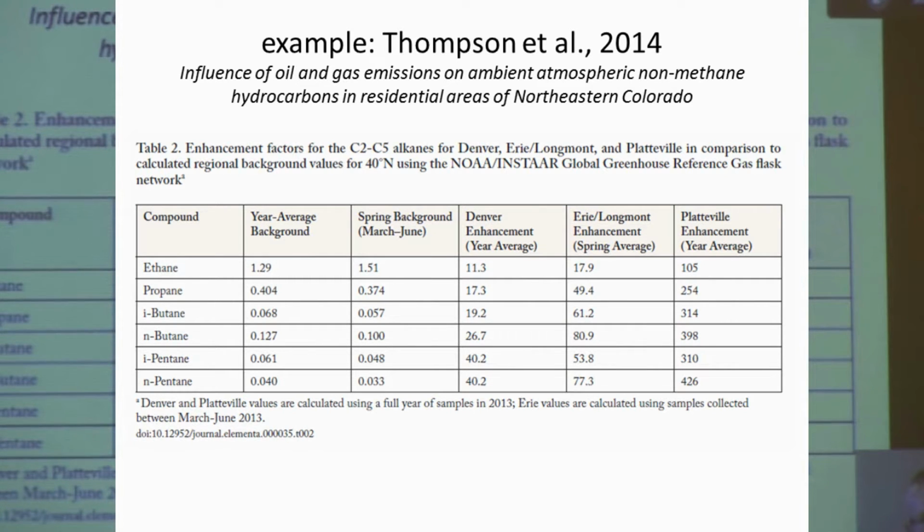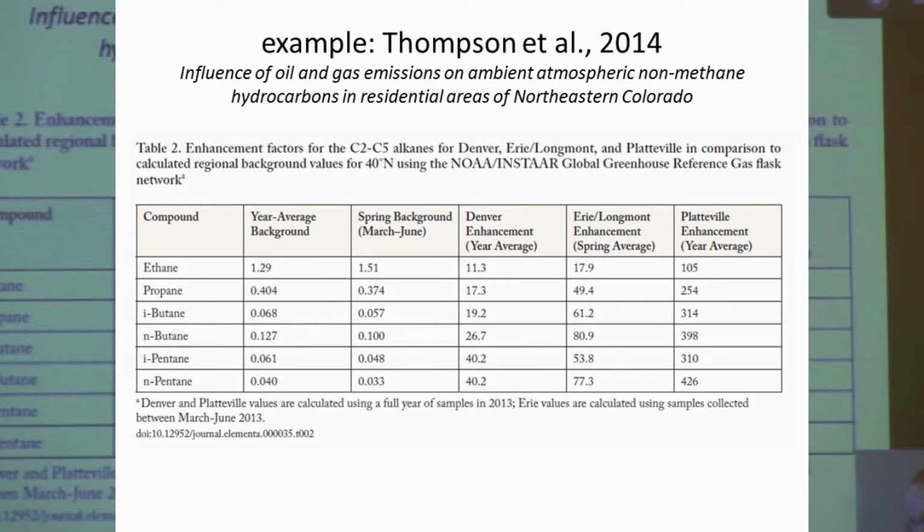Next column is just specific for a particular period. And then look at the Denver and the other places. Platteville, which is essentially surrounded by oil and gas exploration, shows very high mixing ratios, of order factor 100, if not 1,000 higher than what you observe typically in background.